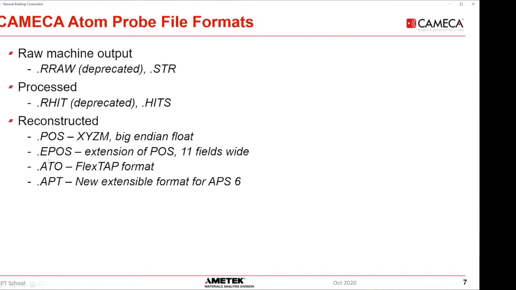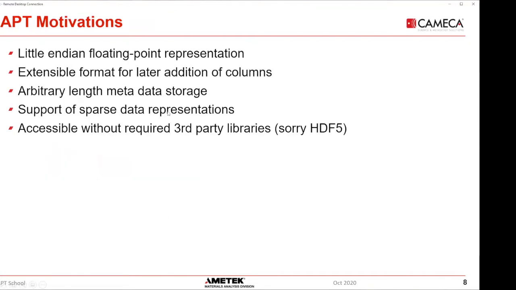And then I don't know if we introduced this or somebody else did, the ePOS format, which is like POS, but it's 11 fields wide and includes XYZ, mass-to-charge, time of flight, voltage at the specimen, voltage from the pulser, and some other fields as well. ATO is the FlexTAP format, and our new format that we introduced with APSuite 6 is called APT, and I'll be talking about that next.